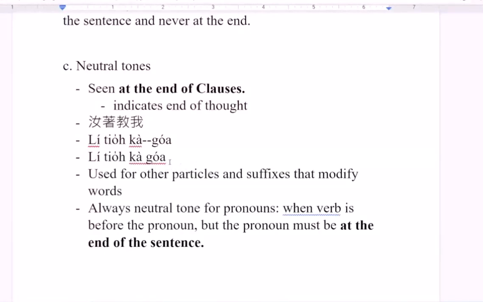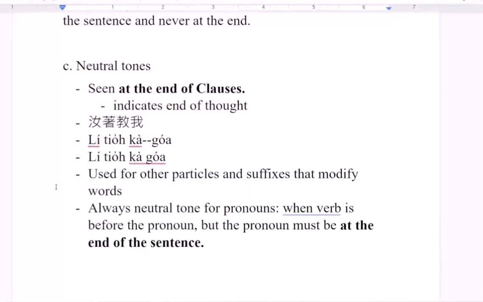And when you say that, it sounds as if the speaker is still trying to say something additionally, which is not indicating an end of thought. So what happens is the person listening would think, you need to teach me what? What do you need to teach me? It's not an end of thought.